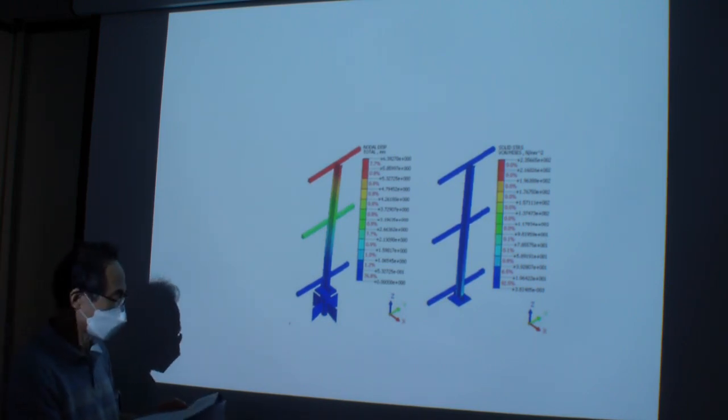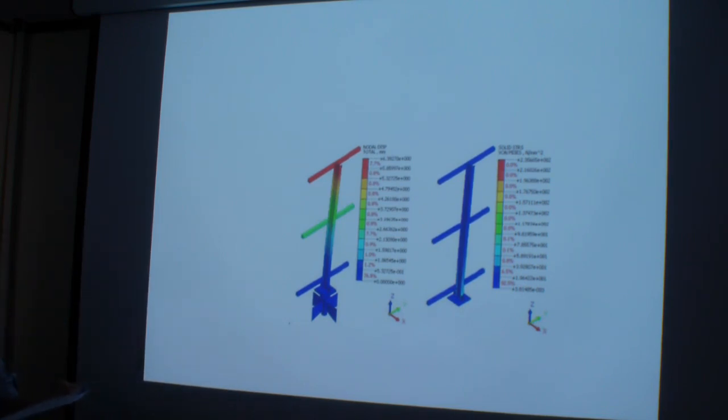Structural analysis was performed when the wind pressure acting on the soundproof wall in the normal direction was 703.5 Newton per meter square.